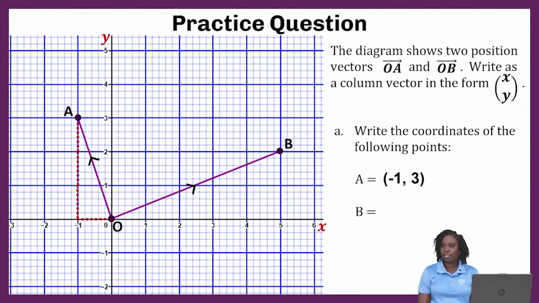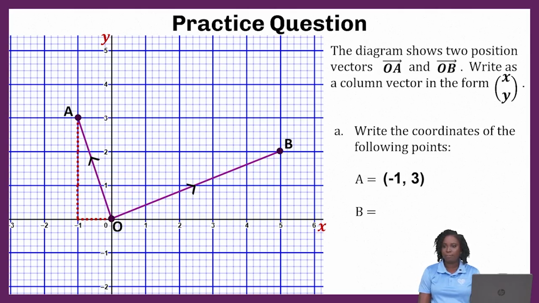Now I hope you notice the difference between a coordinate and a vector. The coordinate goes horizontally and is separated by a comma, and a vector goes vertically and has no other symbols in between, no commas, no lines, no nothing. So our coordinate for A is (-1, 3), and is written as seen on the screen.